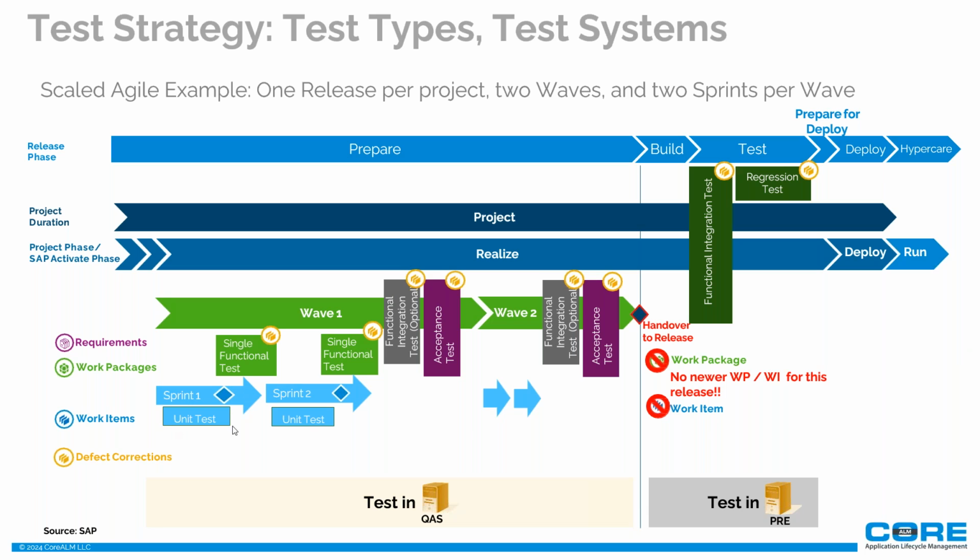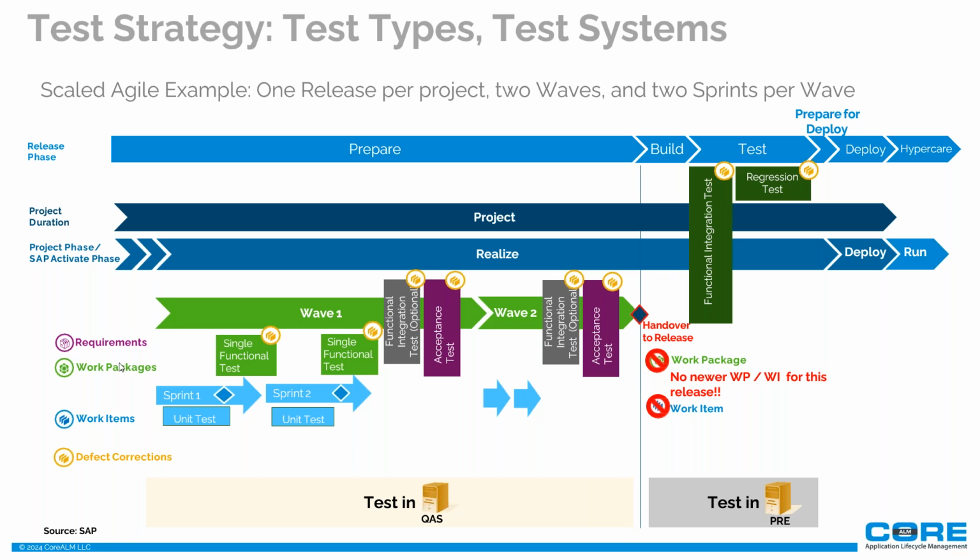So we do unit testing at the work item, we do the single functional test at the work package, we do acceptance test at the wave perspective, and we do functional integration test at the entire release, and regression testing on the entire release itself. Right? And if we look at this, this is one project, has two waves, and has two sprints, and we can see also the systems down here.